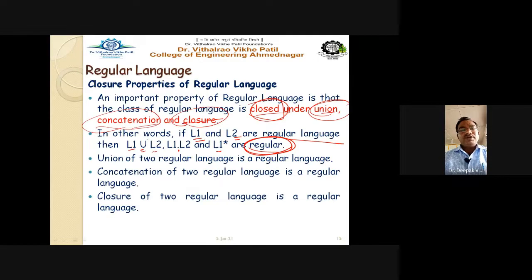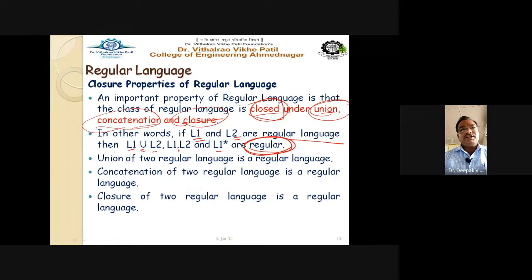In simple words, if there are two regular languages and you make a union of them, the resultant language is also a regular one. If you concatenate two regular languages, you are concatenating the strings of those languages. You are not adding the languages, but you are concatenating the strings of the languages, and that ultimately results in a regular language, right?